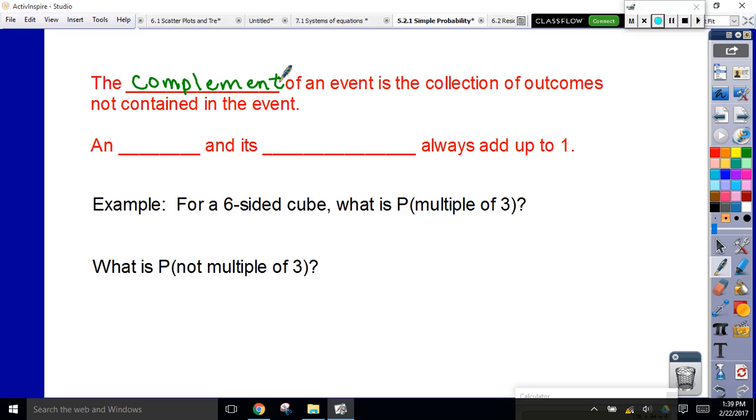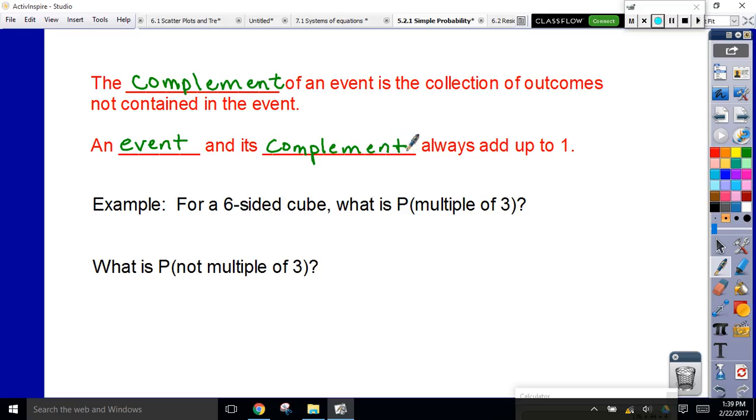Stay with math. An event and its complement always add up to 1.